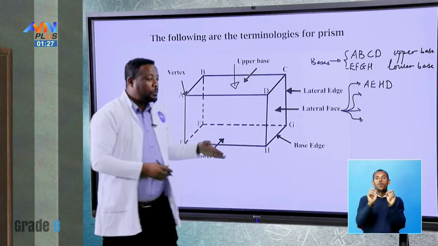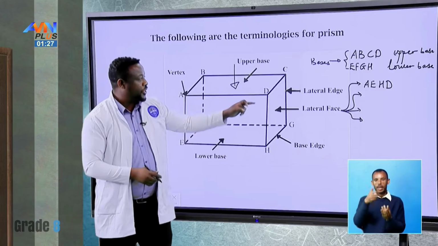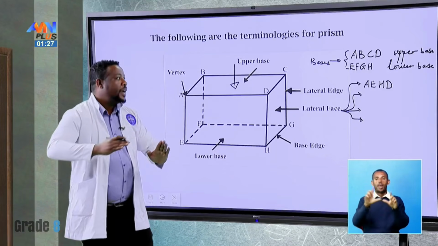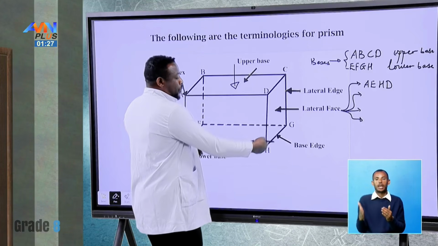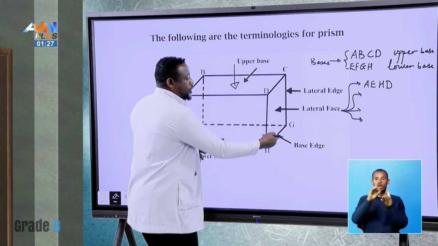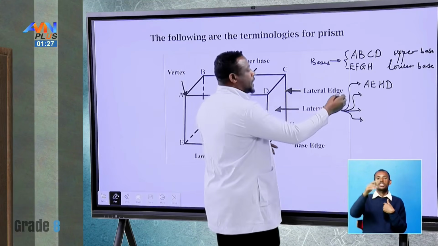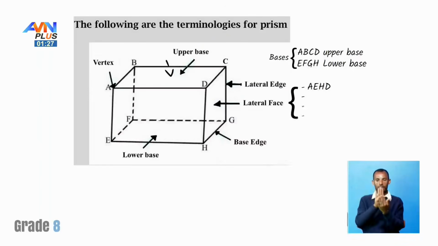The front part, A, E, H, D is one lateral face, and the side part, D, H, G, C, is another lateral face.